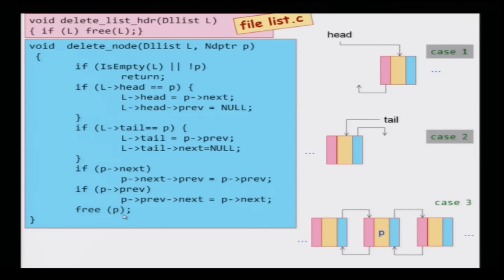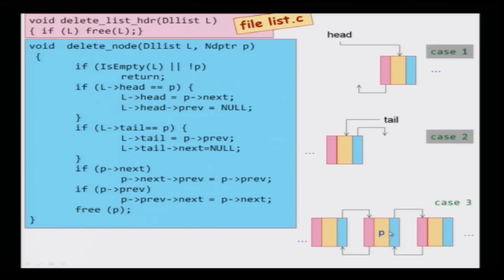So, we have seen two easy cases, one is delete the head and the other is delete the tail, and now we will see the difficult case where P is an intermediate node. So, in this case what will we do? We have to remove this node.